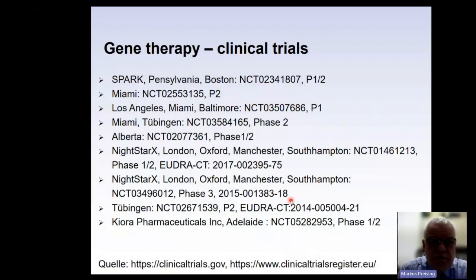They do a completely different approach, and it might be one of the more successful approaches for those patients who have already lost a lot or most of their vision.